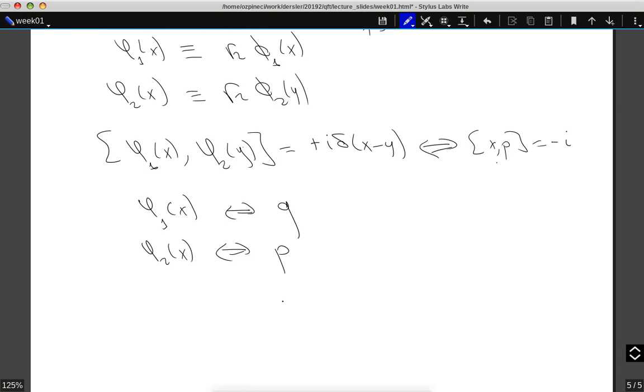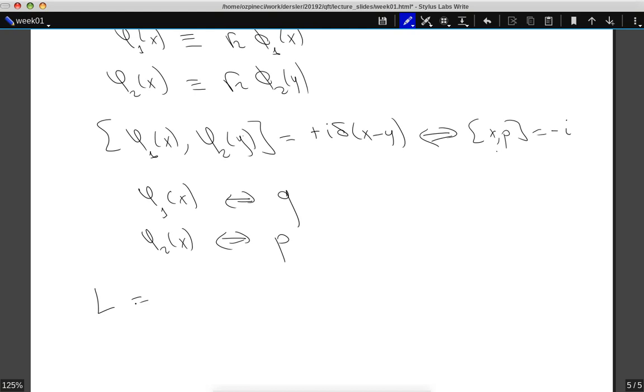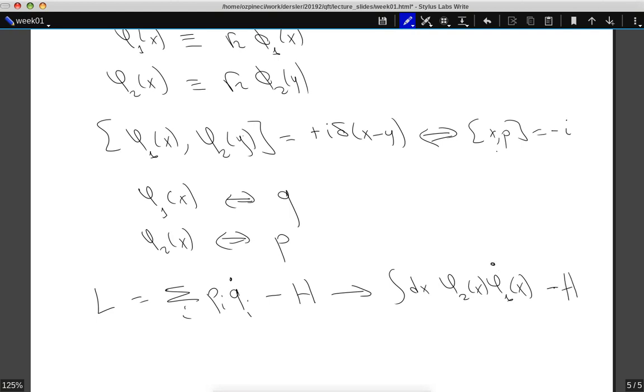Now once I identified my generalized coordinates and momenta, I can go to the Lagrangian. Keep in mind the Lagrangian was sum over i, p i q i dot minus the Hamiltonian, which in the continuum limit will become integral dx phi 2 phi 1 dot minus the Hamiltonian. Of course, there is one more step I have to do.